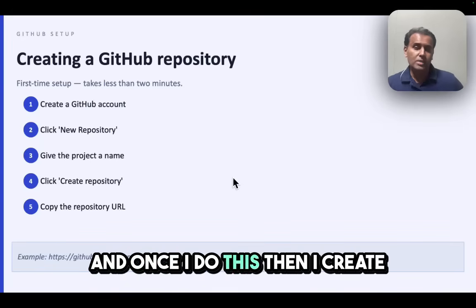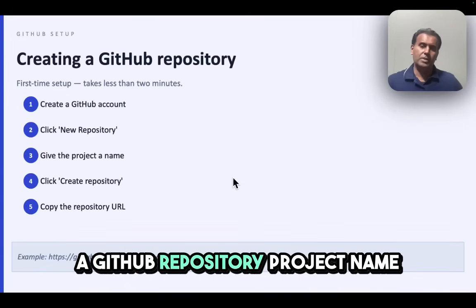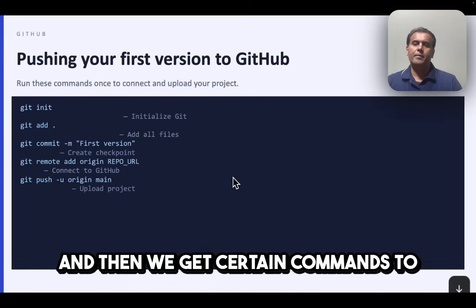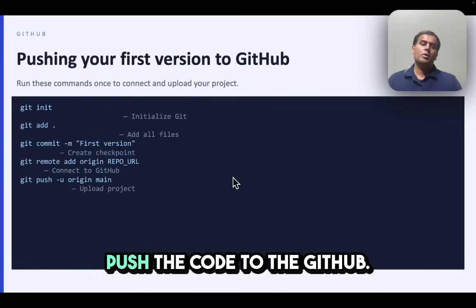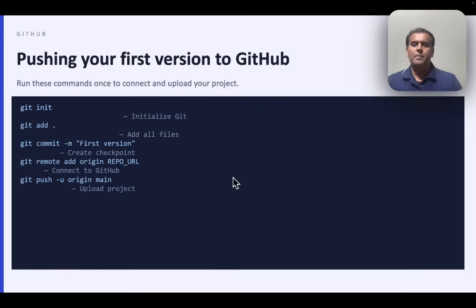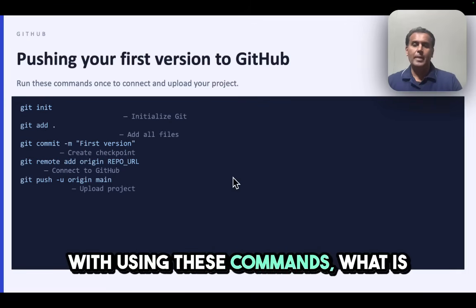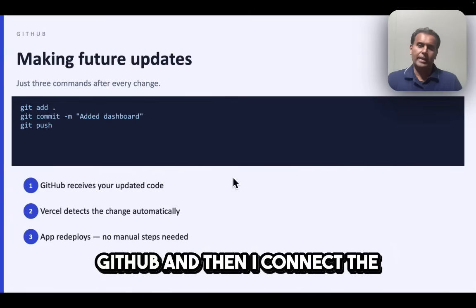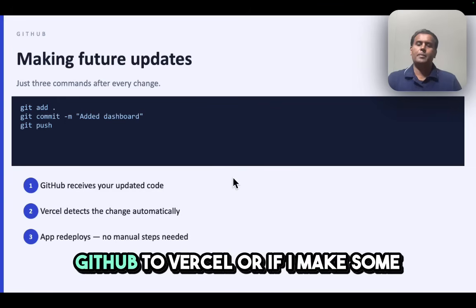And once I do this, then I create a GitHub repository, project name, and all these things we do. And then we get certain commands to push the code to GitHub. Once I push the code to GitHub using these commands, these are 5 commands, I can now access the code in GitHub, and then I connect GitHub to Vercel.